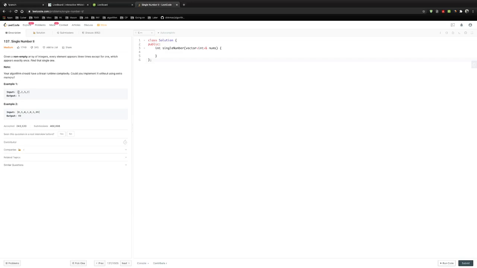But if it appears 3 times, it will be reset to 0. So we need to find the number which only appears 1 time, which is state 1. Now let's see how to implement such ideas.